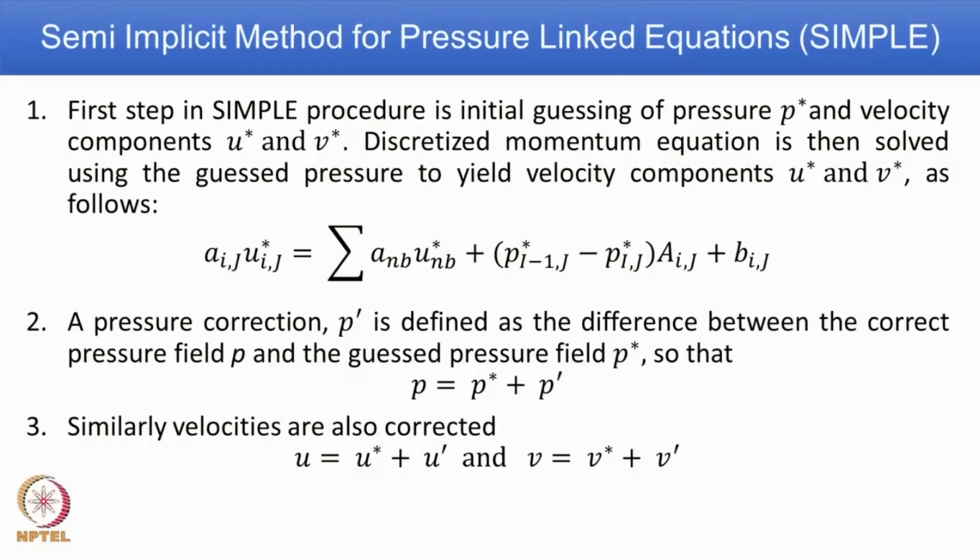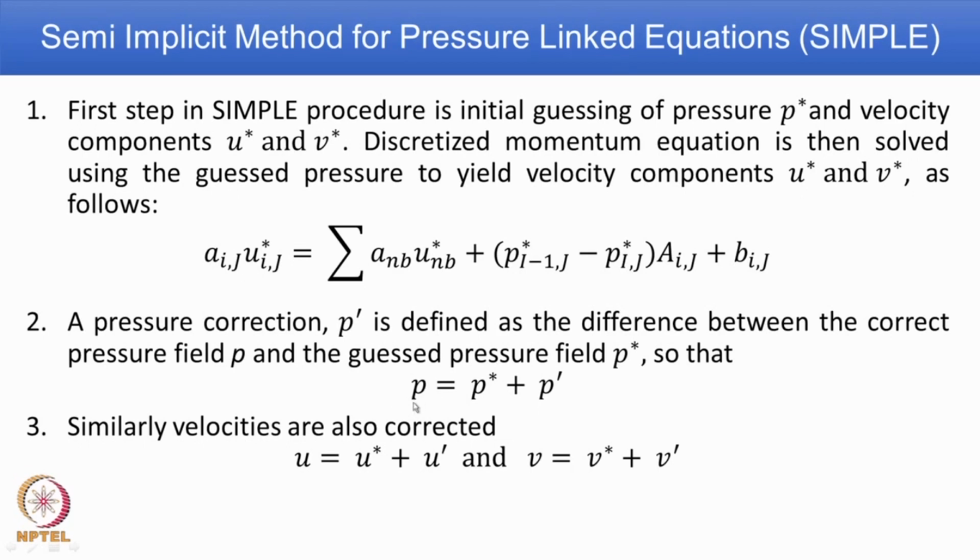We are explaining here for 2 dimensions, and it can be extended to include the third dimension as well. So, the discretized momentum equation, which we have just seen in the previous slide, is then solved. Once you solve the discretized momentum equation using the guessed pressure, it results in the guessed velocity components U star and V star as shown here. Now, we can set up an equation for pressure correction P prime, which is defined as shown here.